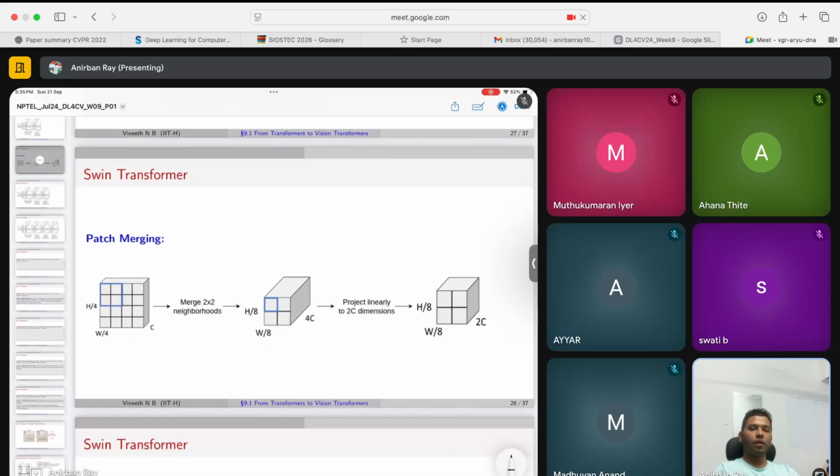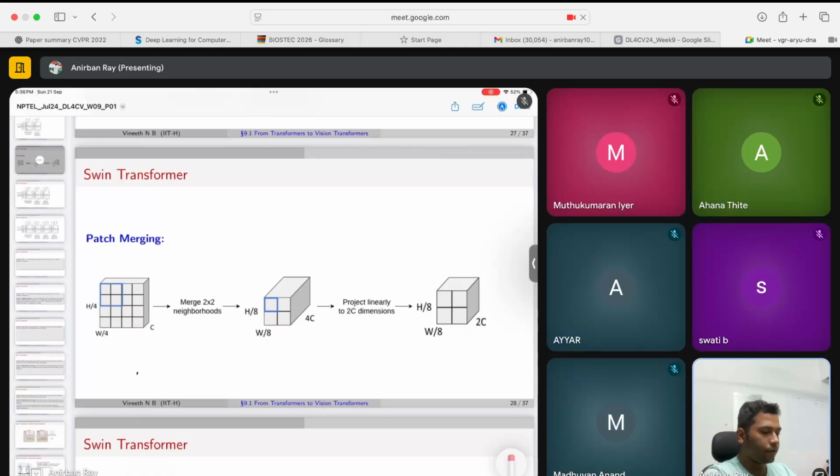So what we see here is that they merge. You have H by 4, W by 4 cross C dimension patch here.